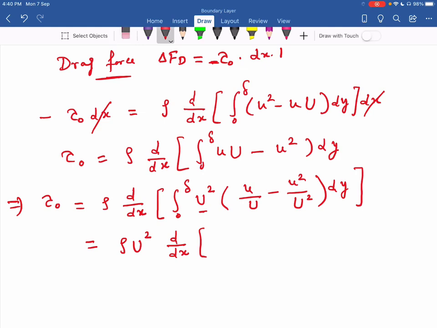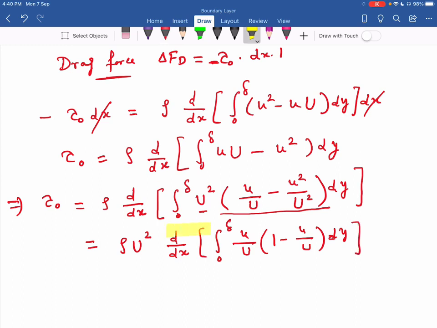So here it comes out to be rho U square d by dx of integral 0 to delta of small u by capital U, which you can take out of the bracket, and within the bracket I have 1 minus small u by capital U, into dy. Now you can see this term.